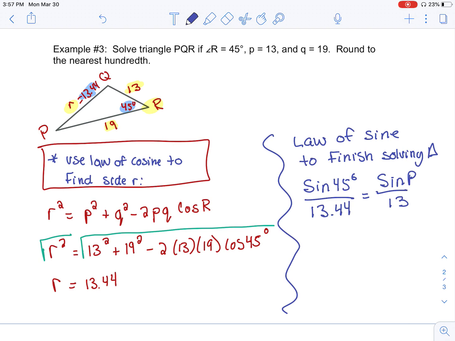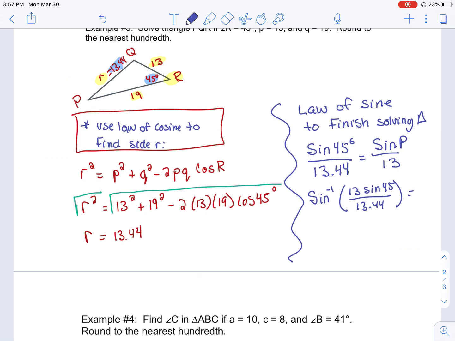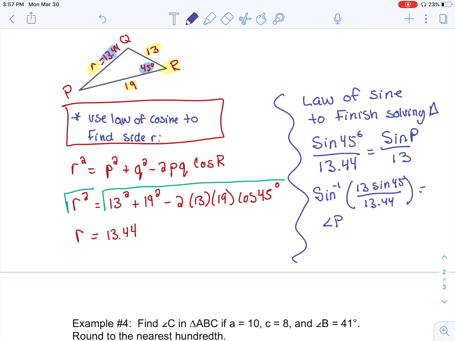I'm solving for an angle, so you need to use the inverse, sine inverse of 13 sine 45 all over 13.44. And I'm going to get that angle P is equal to 43.15 degrees.